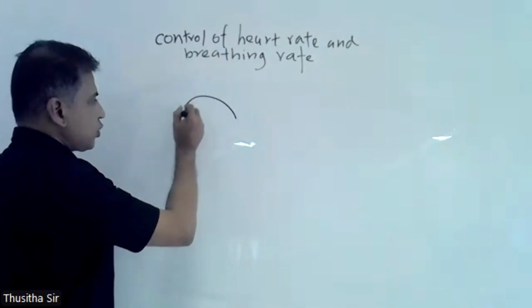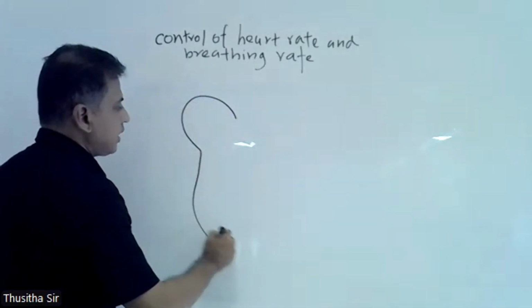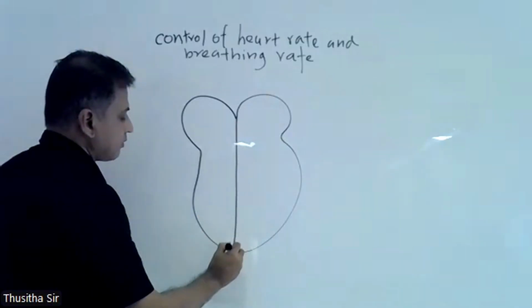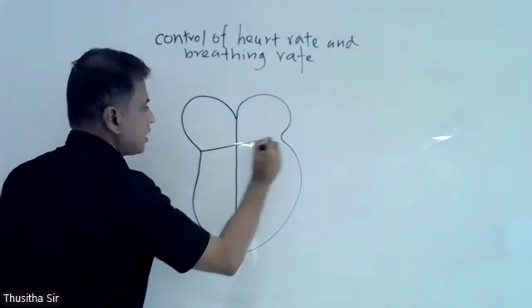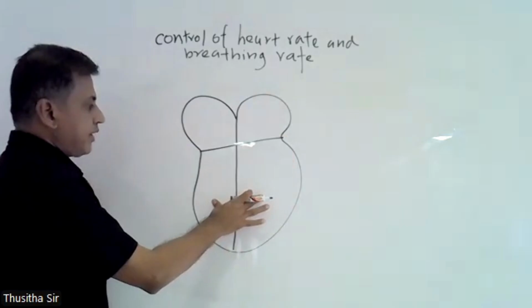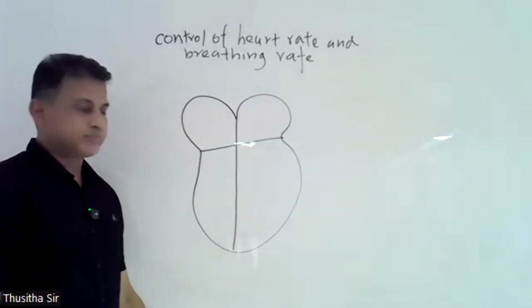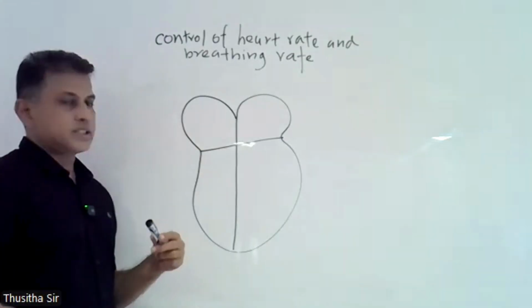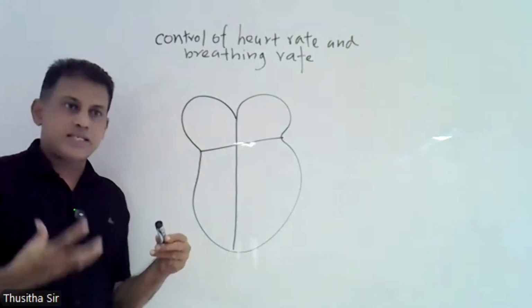I'm showing you the basic structure of the heart. These are the atria and these are the ventricles. All the structures are made of cardiac muscles.